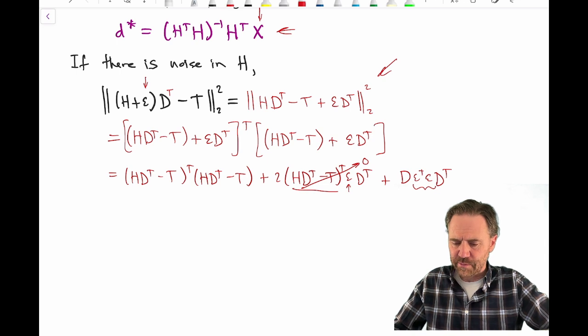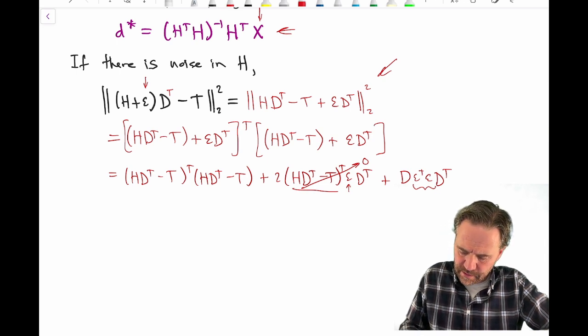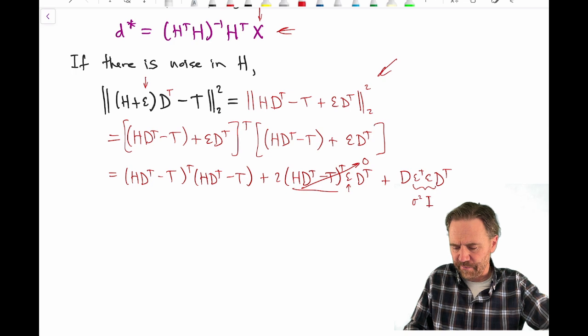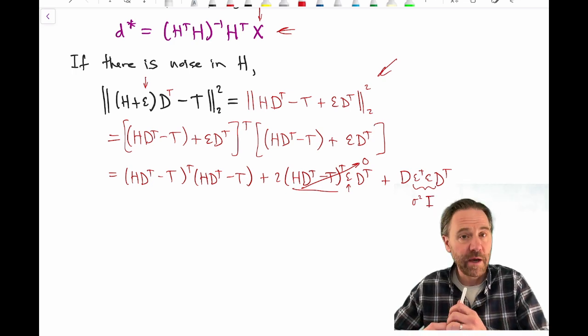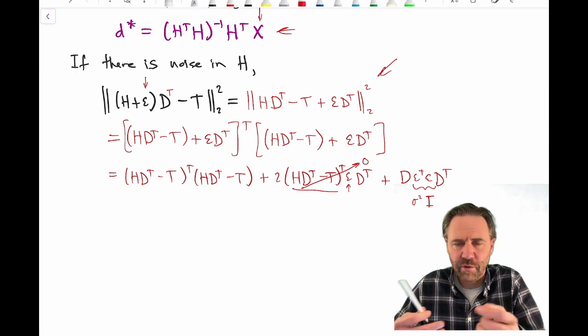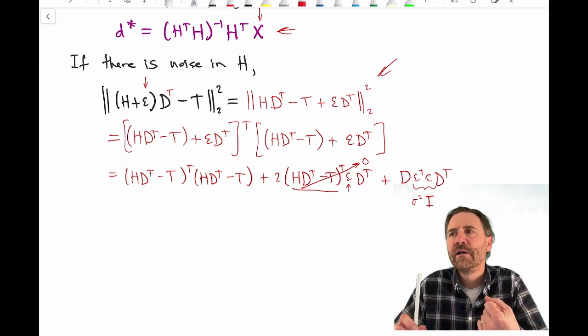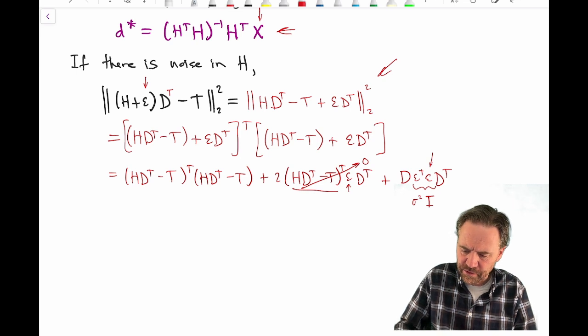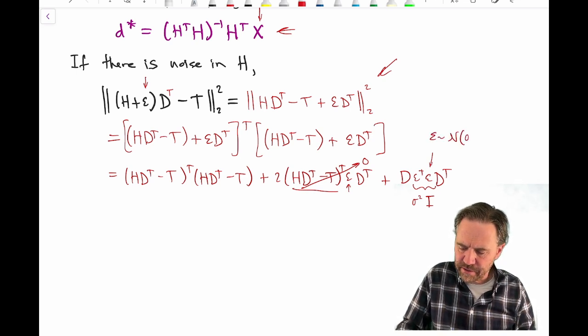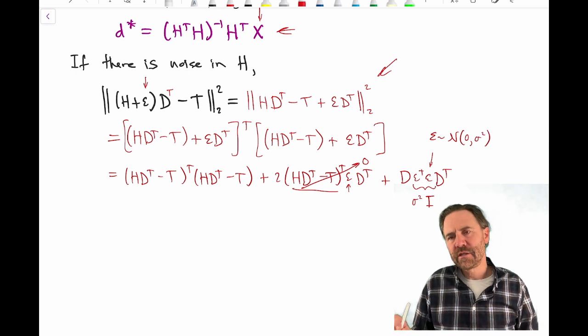So that epsilon transpose times epsilon is basically a scaled version of the identity matrix, and the scale we multiply the identity matrix by is sigma squared, where sigma is the standard deviation of epsilon. So those epsilons are taken from a normal distribution, mean 0, and variance sigma squared.